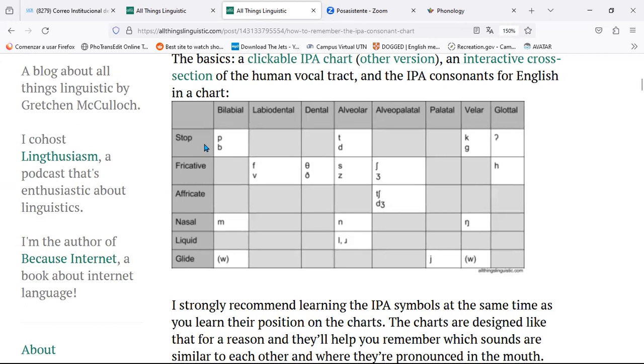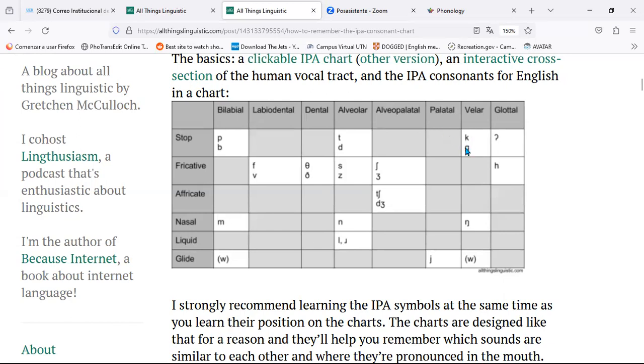So for example, in P and B, we stop the air with our lips. In the case of T and D, we stop the air with the tip of our tongue behind our front teeth. With the case of K and G, see that we stop the air and say K. So the air is coming out and we stop it and then we let it flow, making a sound.